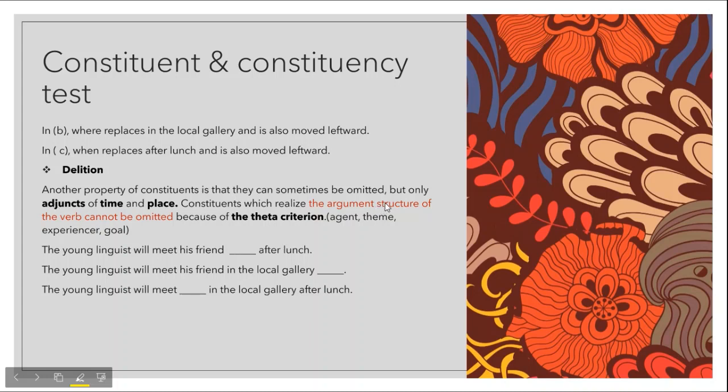They can be omitted, but only adjuncts of time and place. في next part غادي نهضروا على adjuncts مزيان. مهم ال adjuncts اللي عندنا هنايا هما adjuncts of place and time. المهم time عندنا after lunch و place عندنا in the local gallery. Constituents which realize the argument structure of the verb cannot be omitted because of the theta criterion.